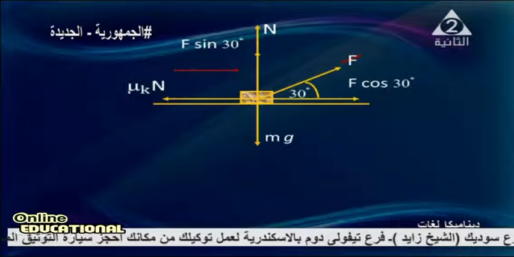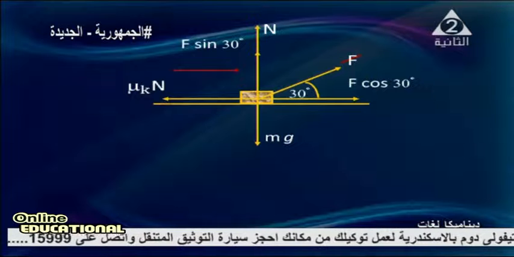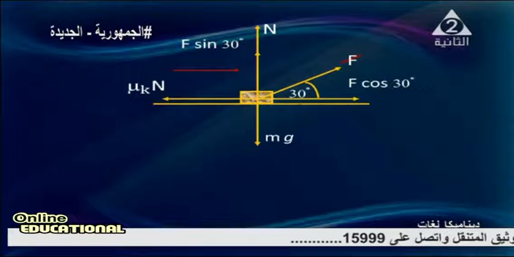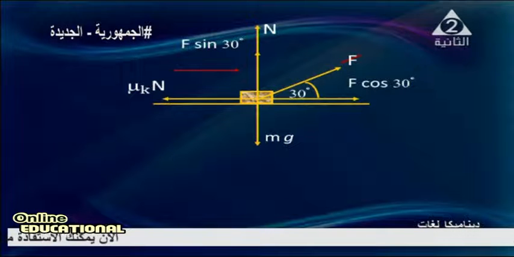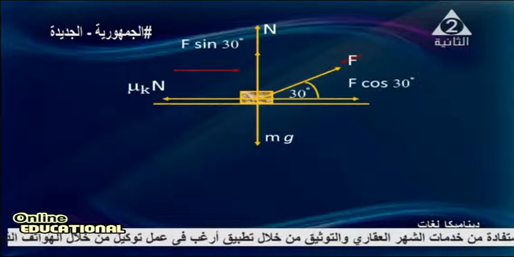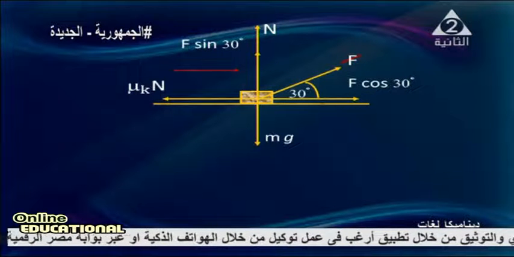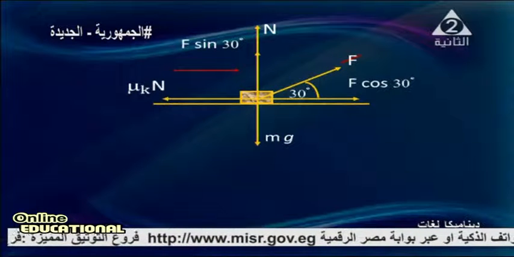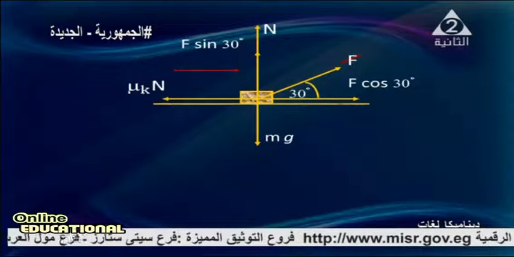Then the force F can be resolved into perpendicular components. The first component F cosine 30 is parallel to the plane, and the second component F sine 30 is perpendicular to the plane, as shown in the opposite figure.